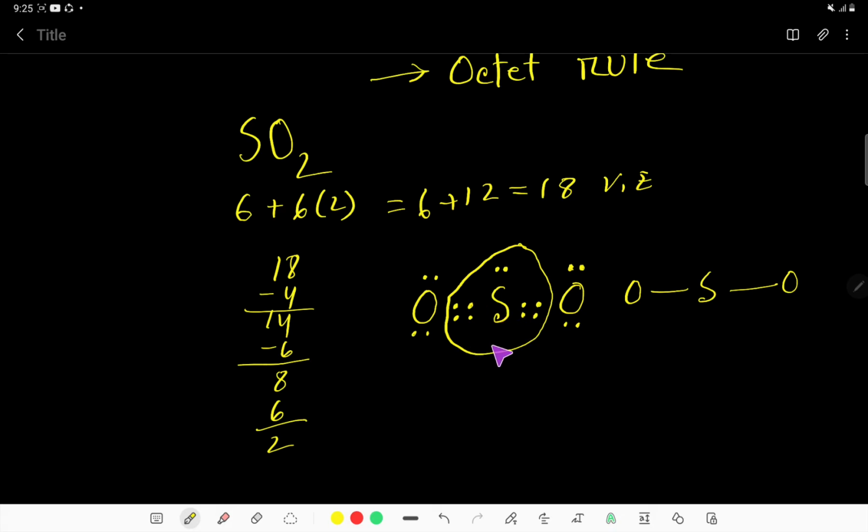So sulfur has broken the octet rule. Every oxygen follows the octet rule, but sulfur doesn't follow the octet rule. So if I draw it here, then I have to draw like this. So this or this is the stable Lewis structure, right?